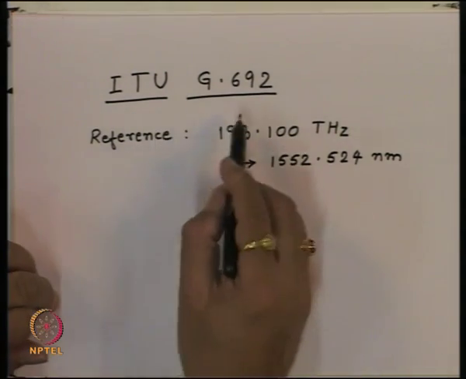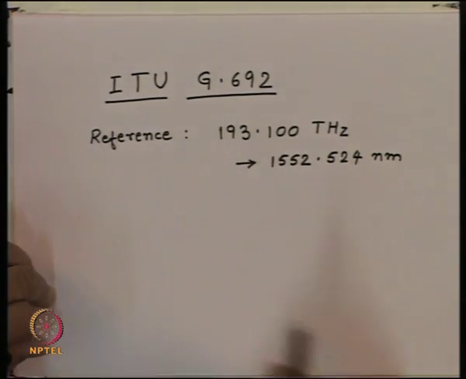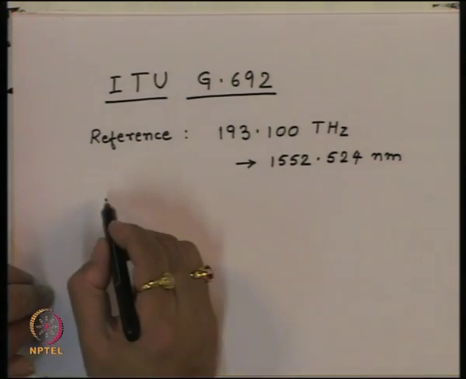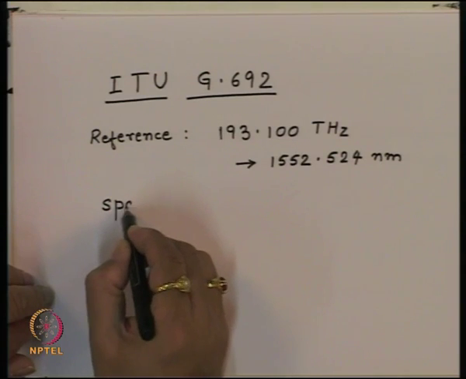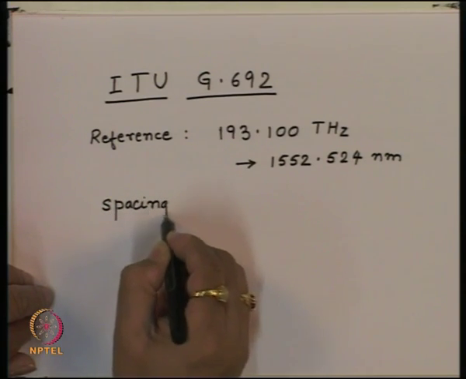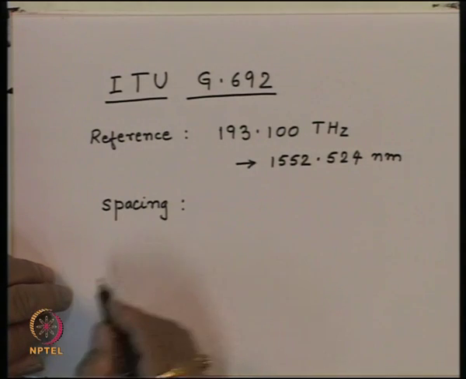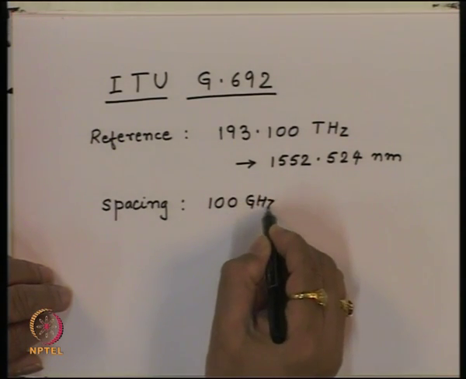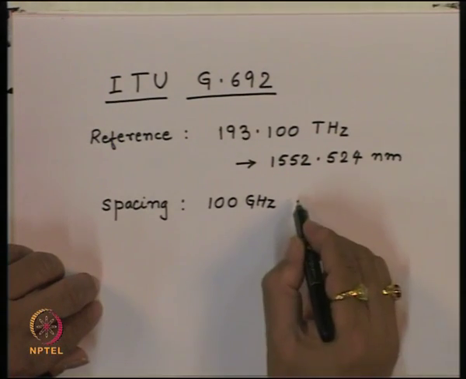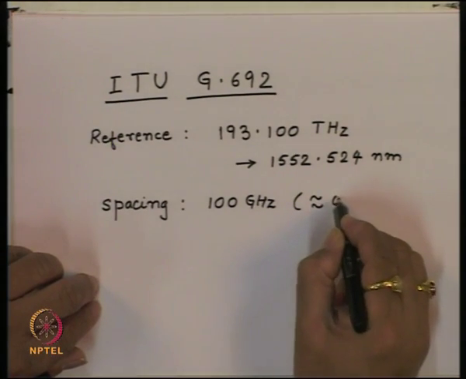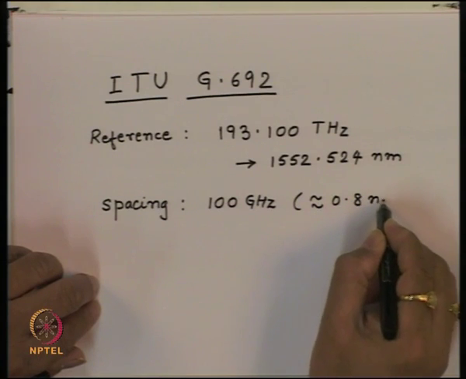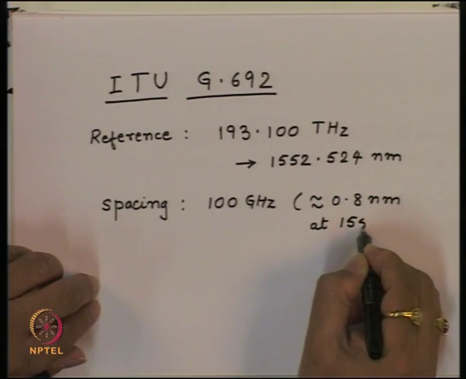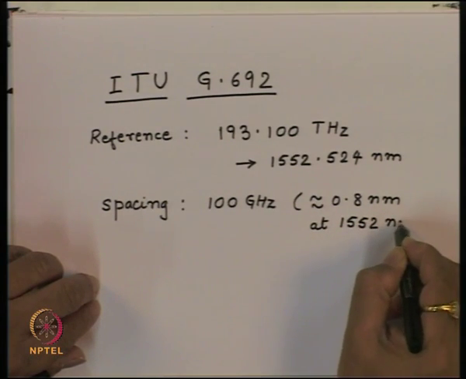And then the ITU has specified that every 100 gigahertz we can put another channel. So the spacing specified for a DWDM channel is 100 gigahertz, which is approximately 0.8 nanometer at 1552 nanometer.